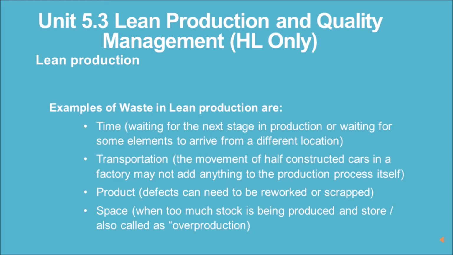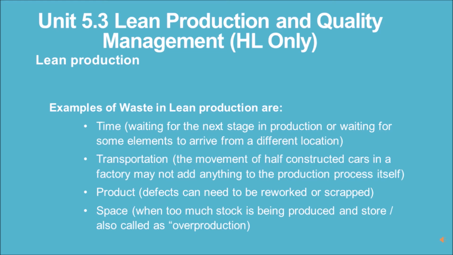Examples of waste in lean production are: Time, waiting for the next stage in production or waiting for some elements to arrive from a different location. Transportation, the movement of half-constructed cars in a factory may not add anything to the production process itself. Product defects can need to be reworked or scrapped.